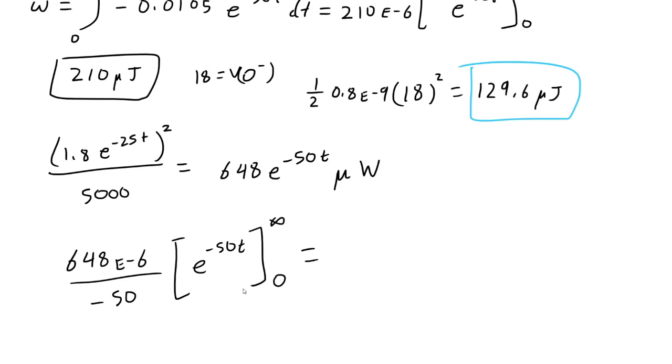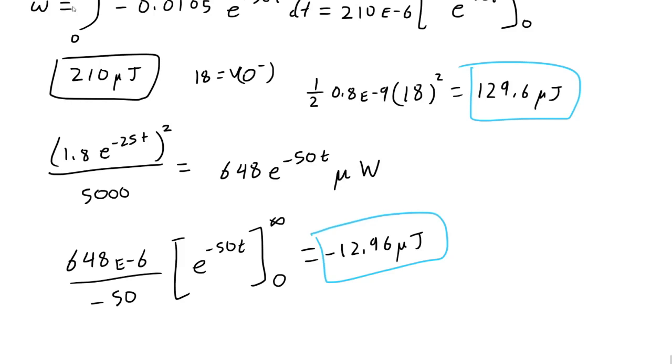That's just going to be that divided by 50. So 12.96, or minus 12.96 microjoules. So there's a loss of energy here.